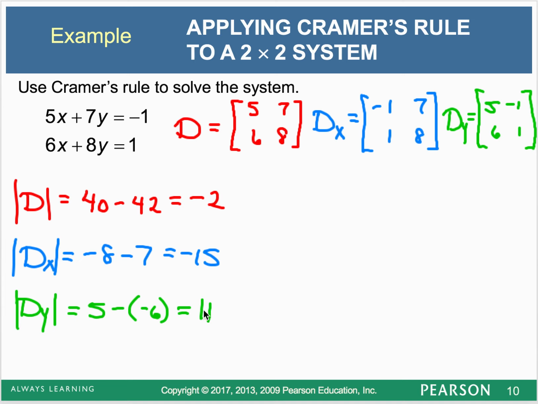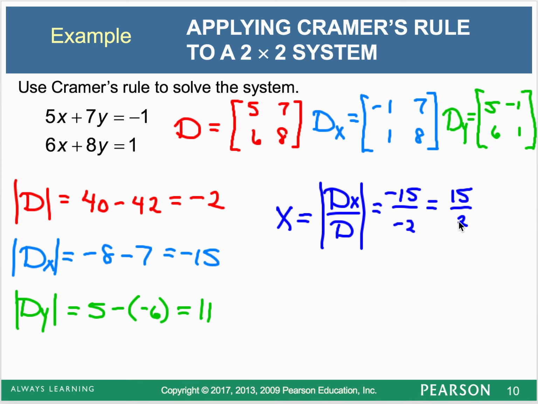Now Cramer's rule says that if we can find values for these determinants, then the x solution to this is found by D sub x over D. So that means negative 15 over negative 2, or 15 halves should be my x value.